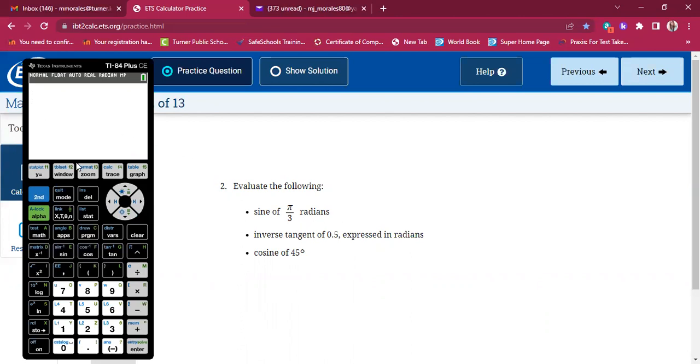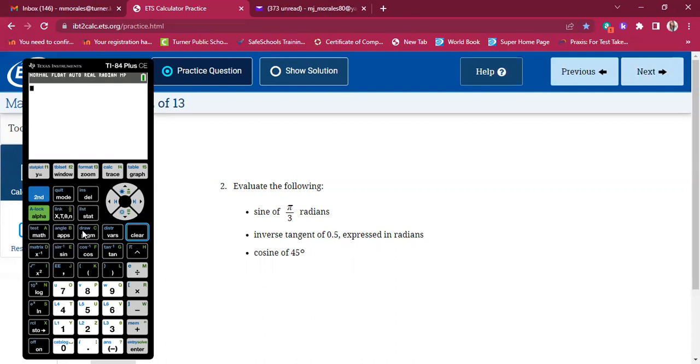I want to make sure this calculator is set to radian, so I'm going to press mode, and then okay. As you can see, it's on radian, not on degree. So I'm going to clear that.